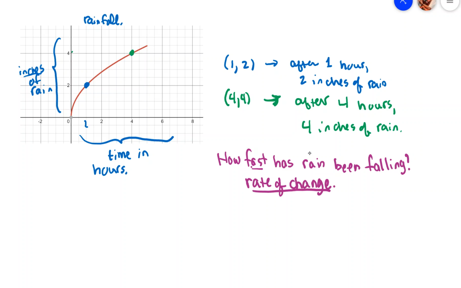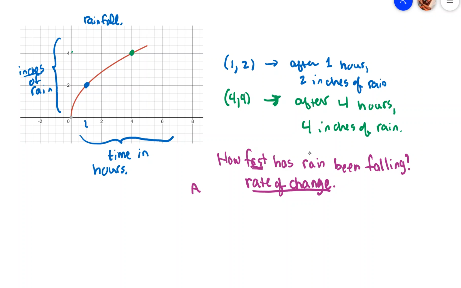It's a rate because we're comparing the inches of rain to the time, and that's what rates do, they compare two units. And it's a rate of change because it's telling me how much the rainfall has increased. So this is actually an average rate of change.